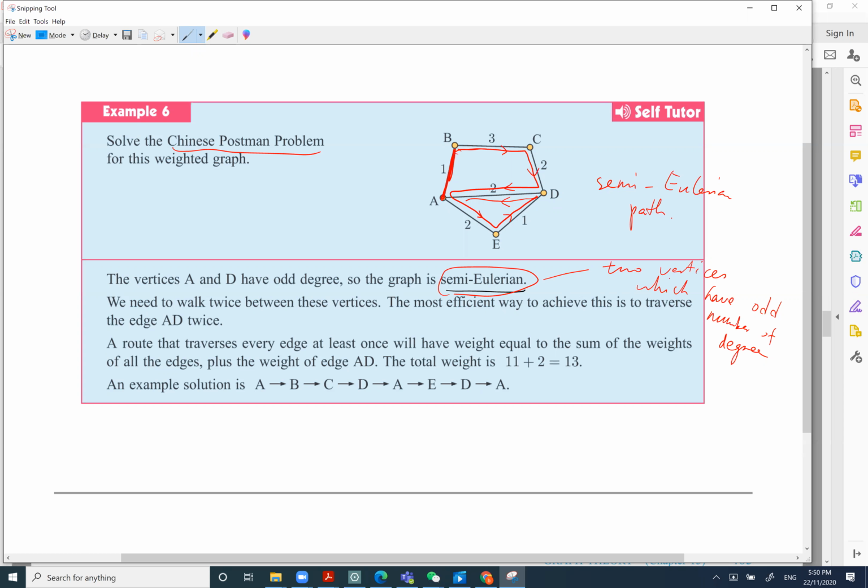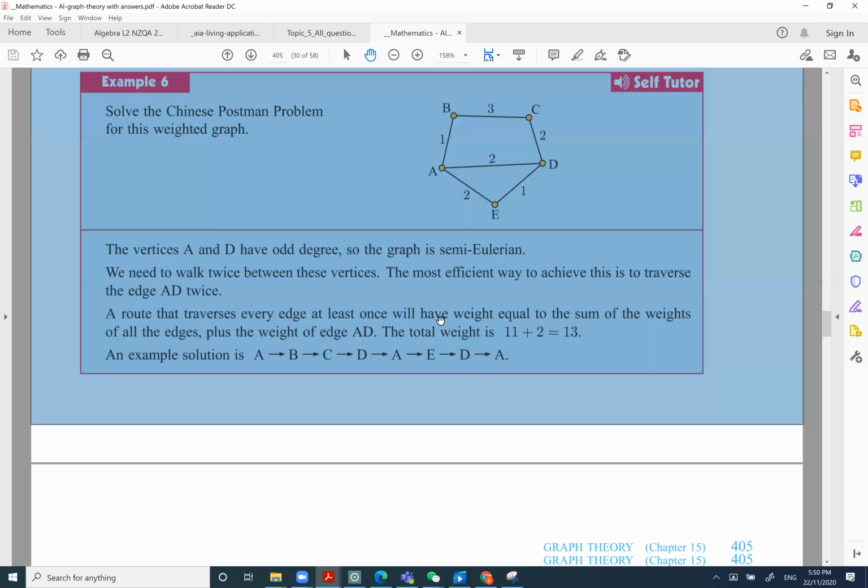So it's pretty much just one stroke drawing. Okay, next part.